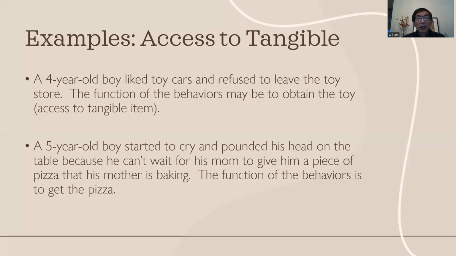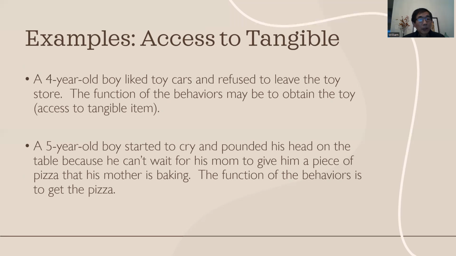Here are examples of access to tangible. A 4-year-old boy liked toy cars and refused to leave the toy store. So the function of the behavior may be to obtain a toy, access to tangible.